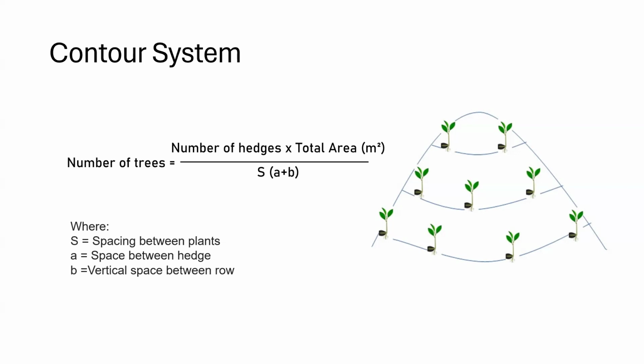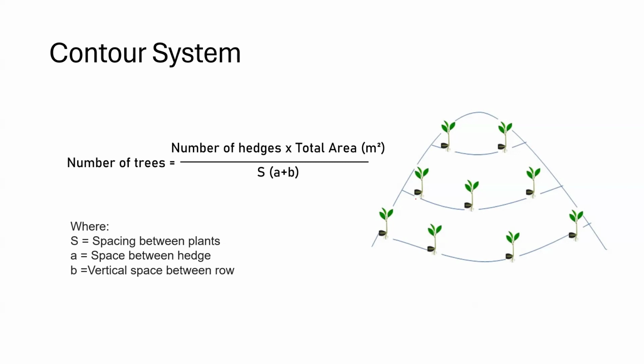The formula naman for contour system, number of trees equals number of hedges times total area in square meters over S, the quantity A plus B. S is the spacing between plants, A is the spacing between hedges, and B is the spacing between rows.